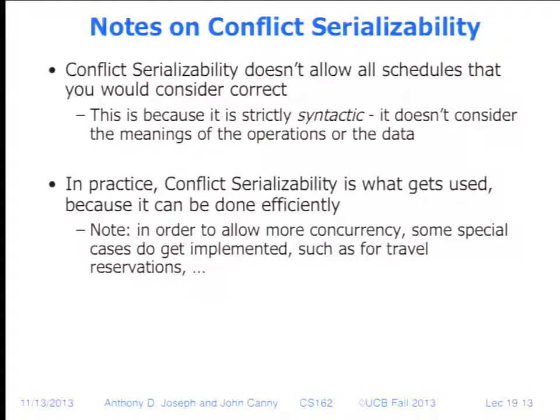So conflict serializability is what database schedulers really use for practical reasons. It's very simple and efficient to check. And the operation of constructing the dependency graph also gives you an ordering. In fact, it'll give you several potential orderings in general.